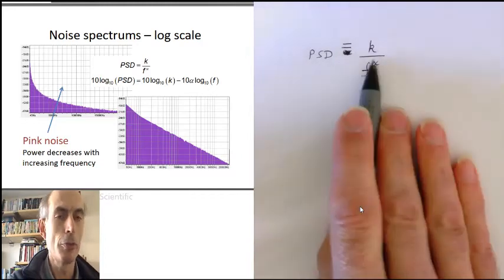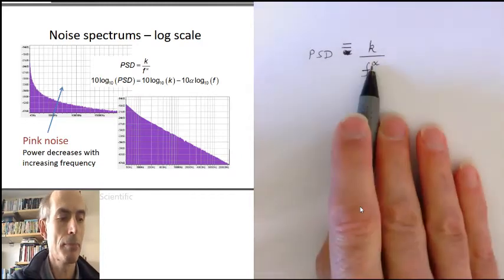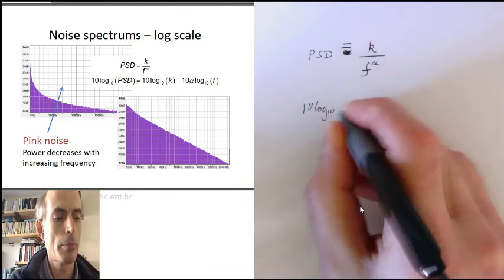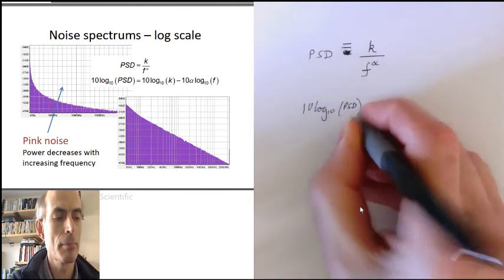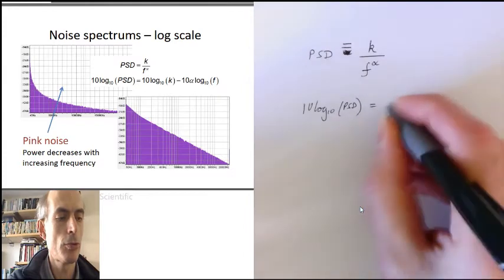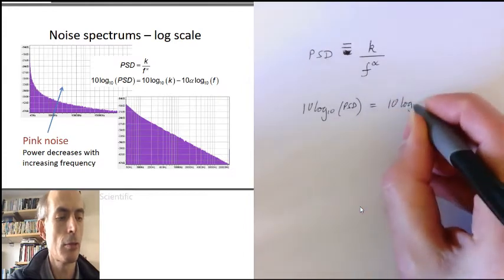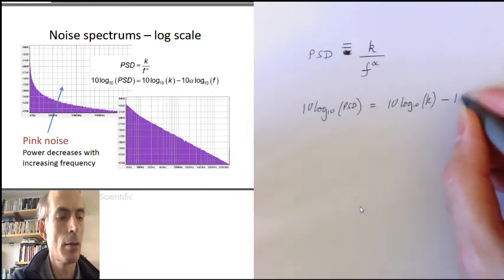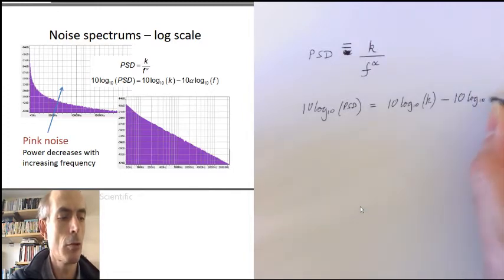Take the logarithms of both sides of that, and we'd get 10 log of the power spectral density is equal to 10 log of k minus 10 log of f to the power of alpha.